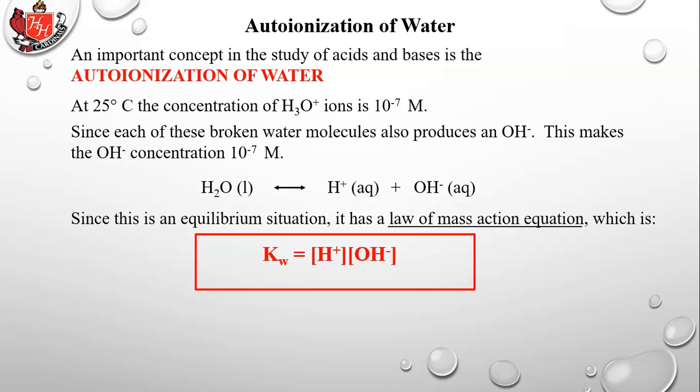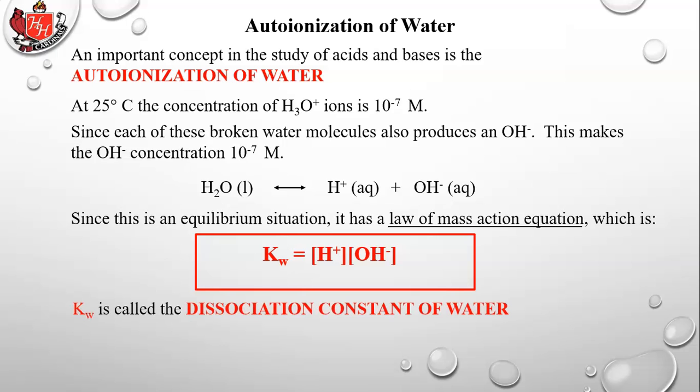On the reactant side, on the left, you have pure water. But if you remember, you don't include pure liquids or pure solids in an equilibrium law of mass action. So all it is is H+ and OH-. So Kw is called the water dissociation constant.